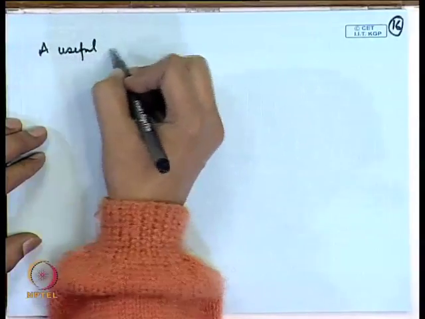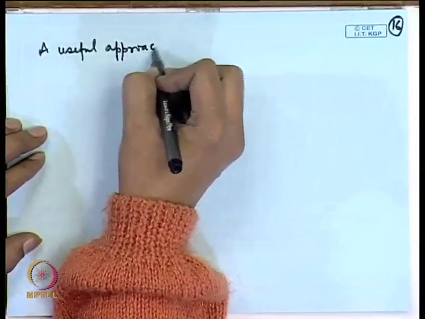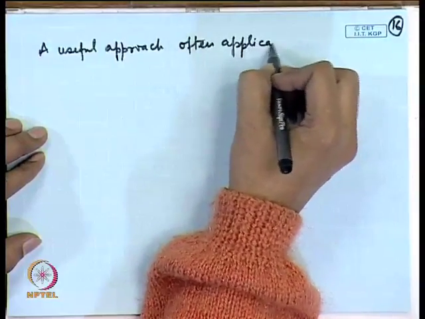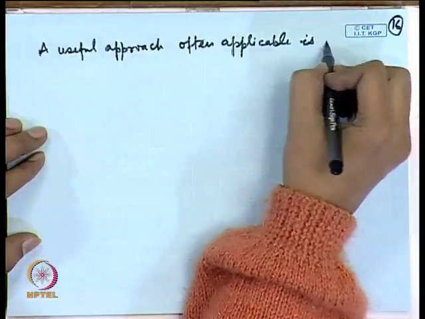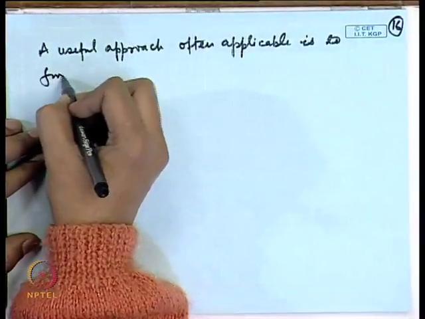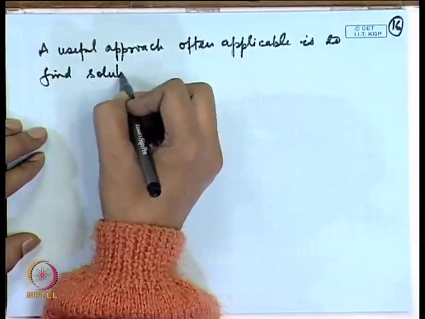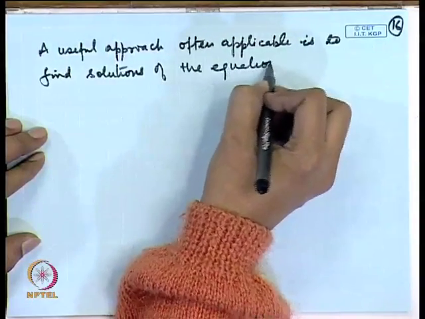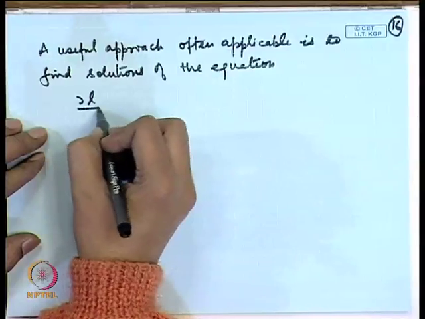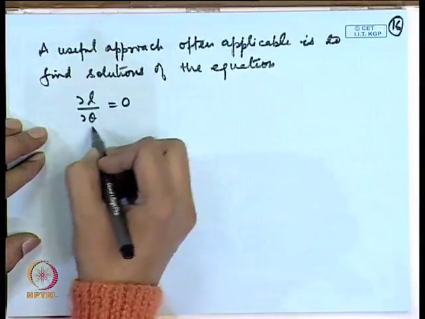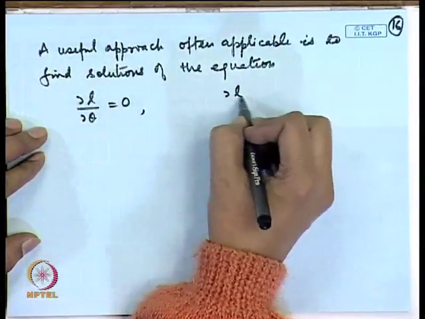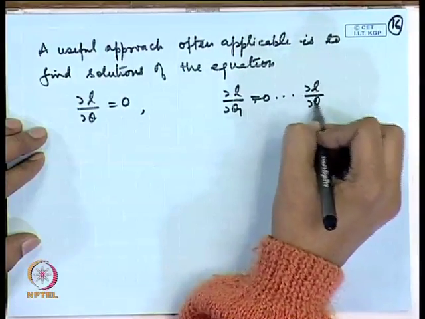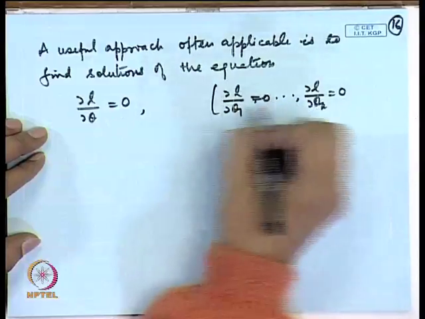A useful approach, often applicable, is to find solutions of the equation del l by del theta equal to 0 if it is a scalar parameter, or if I have a vector parameter, then I may have to consider several equations.